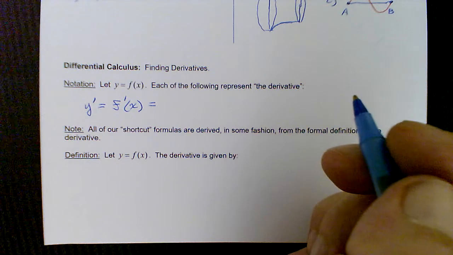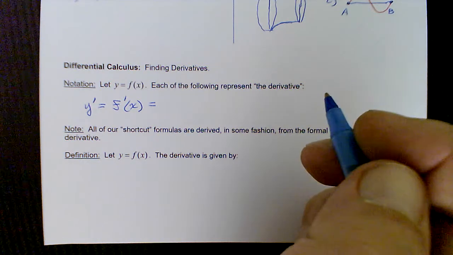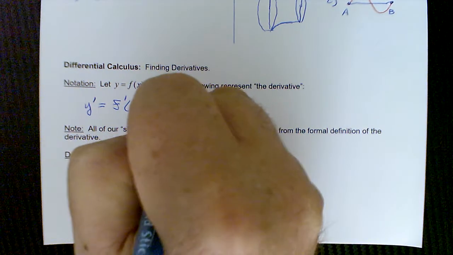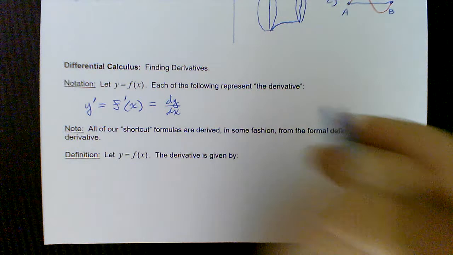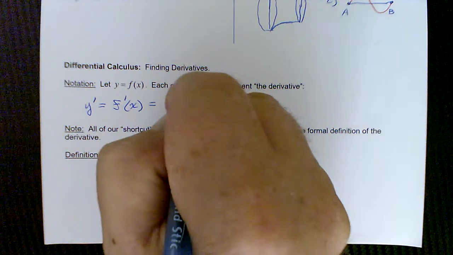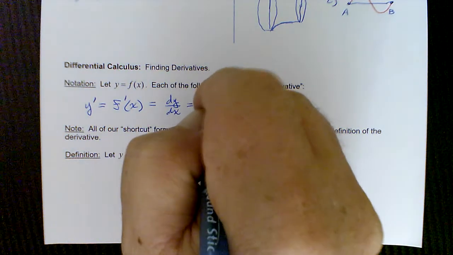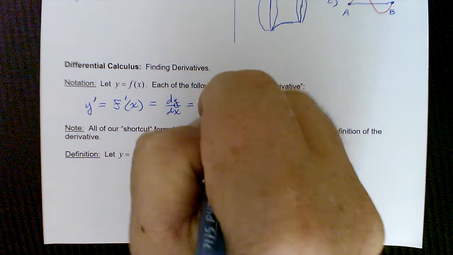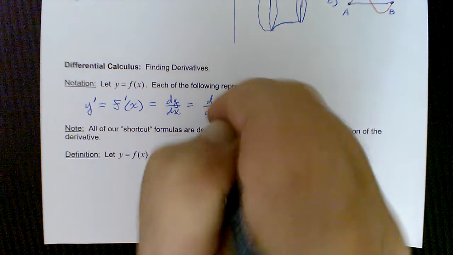A notation that I usually use for implicit differentiation is read as dy dx. You will see me use this notation to summarize our shortcut formulas, and it's read differently.